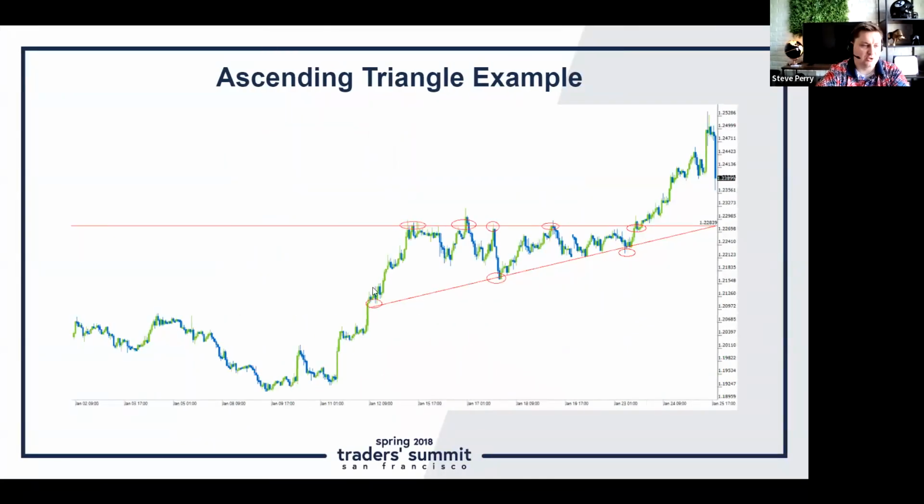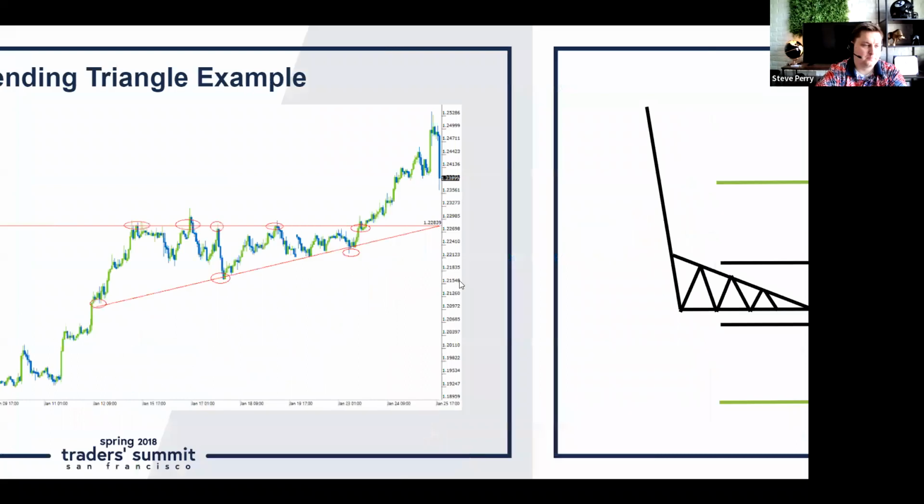You've got a market that pushes up, moves sideways right here, and then ultimately breaks out to the upside. So it compresses again, and then breaks up.